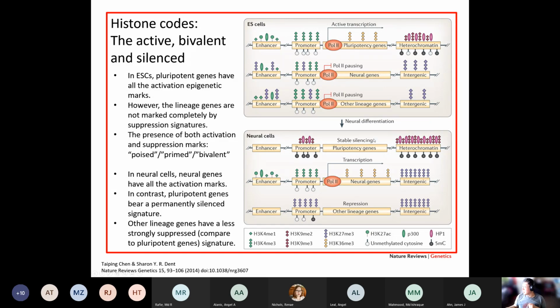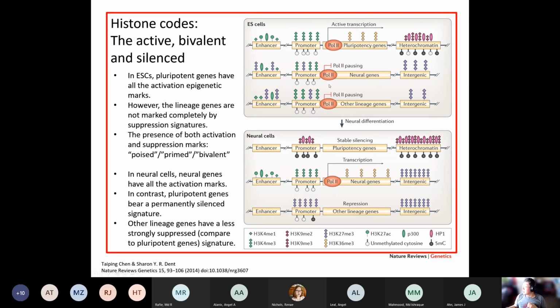Okay, so that's easy. Basically, in pluripotent stem cells, you have pluripotency genes in open chromatin, while in neural cells, the pluripotency genes are not in open chromatin. Their chromatin is closed. But let's observe some other things.